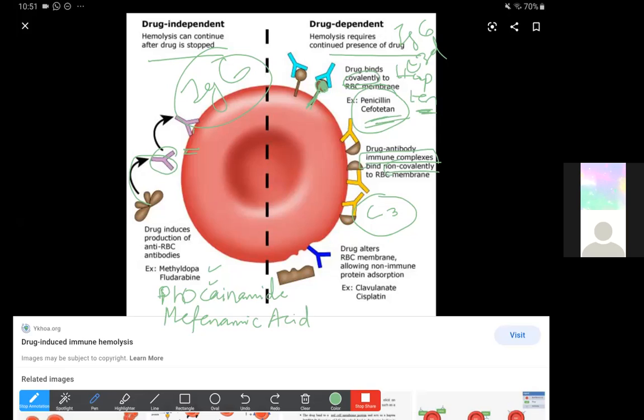So the drug treated RBCs are needed to cause this reaction, because these RBCs would allow the antibodies to covalently or non-covalently bind to the RBC membranes.